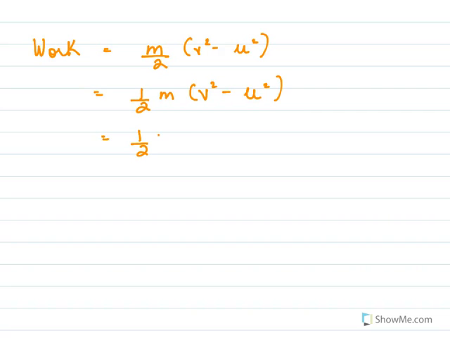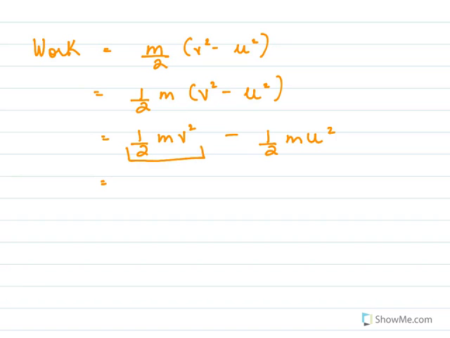Another point to be noted is we saw that work equals m by 2 into v square minus u square. So if I open the bracket, first I'll rearrange: half m into v square minus u square, which is half m v square minus half m u square.